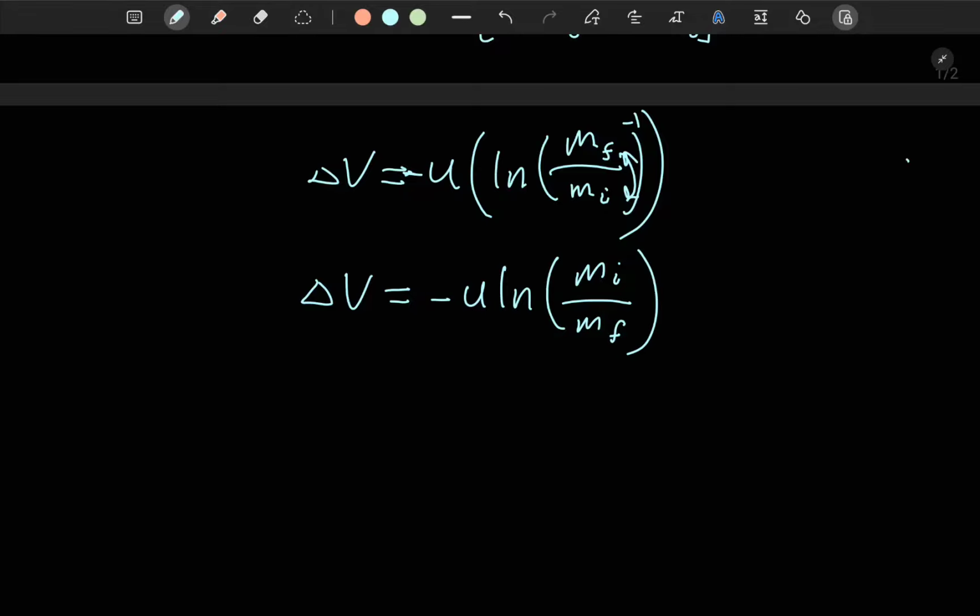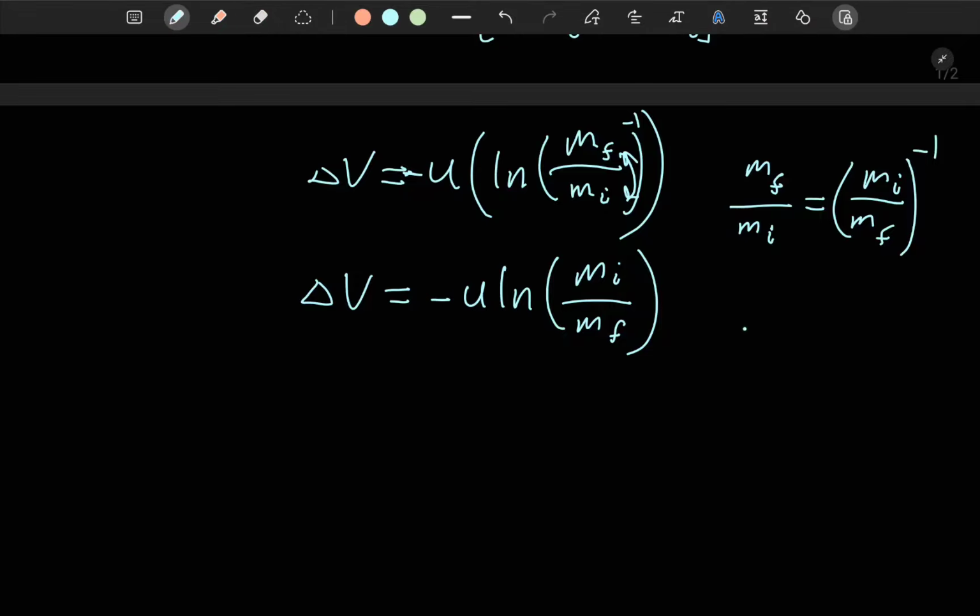And notice, if you remember your natural logarithm properties, you can take this and bring it up. My apologies. Because technically, m final over m initial is equal to m initial over m final to the -1. So if you bring this negative onto the front, it becomes negative in front of the logarithm and in front of the constant u.